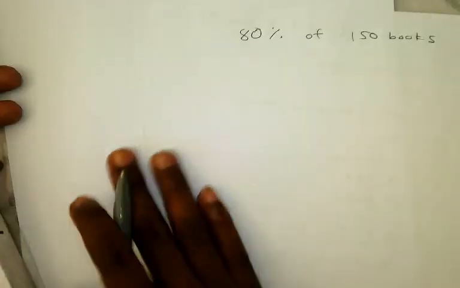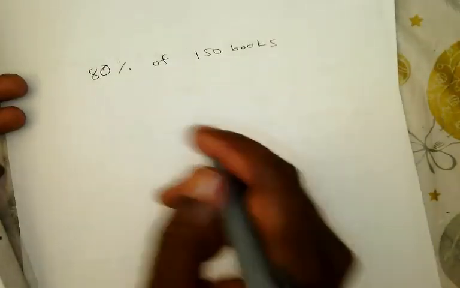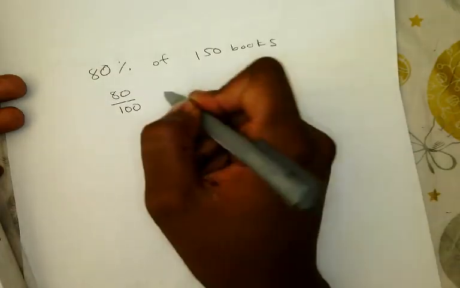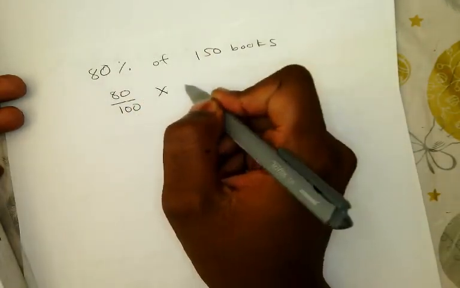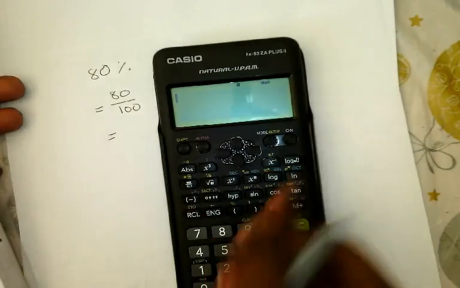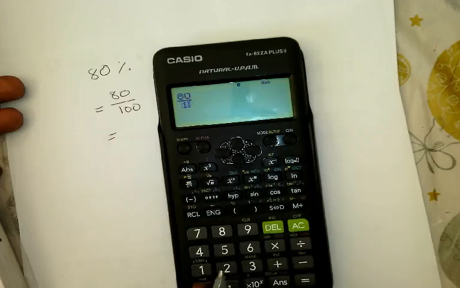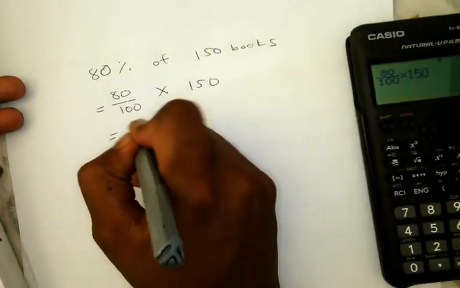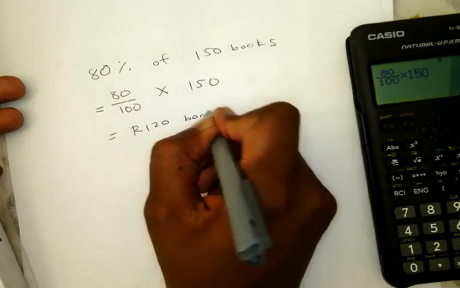How many books will it be? 80 over 100, of becomes multiplication, 150. So how many books were sold? 120. Yes, 120 books were sold.